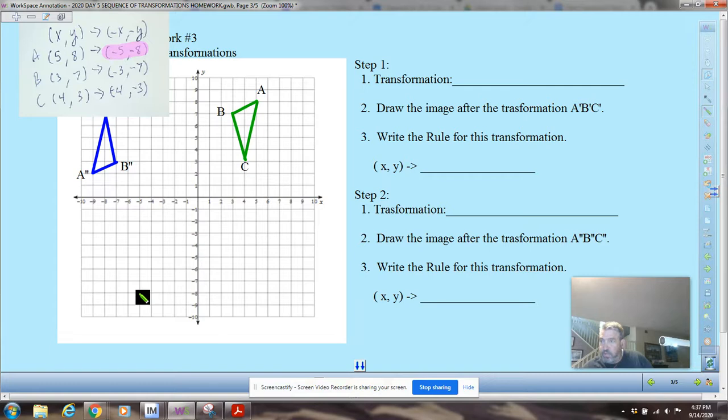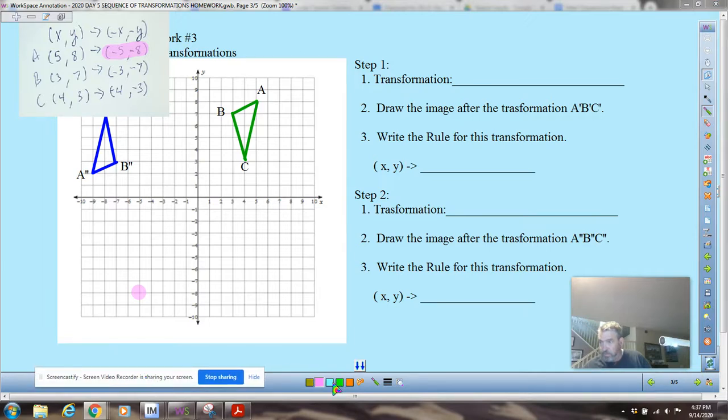Wow, that's way down here. Let's go with B prime. It's at -3, -7. Boom. And last one, C prime. Set -4, -3. Boom.